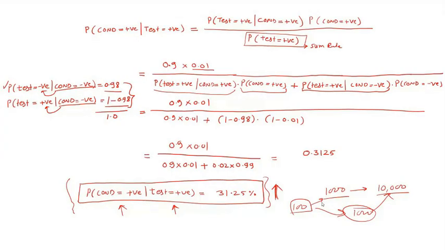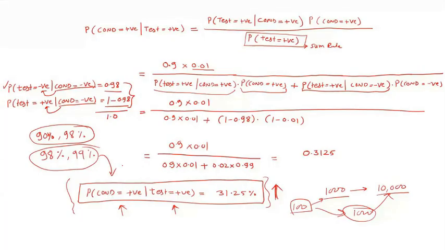Okay, so if you look at the figures, 90% sensitivity and 98% specificity, it looks like a very good instrument. Now to improve this situation, you have to improve the sensitivity of the instrument. So you may have another instrument with 98% sensitivity and maybe 99% specificity, and then you can improve this calculation.